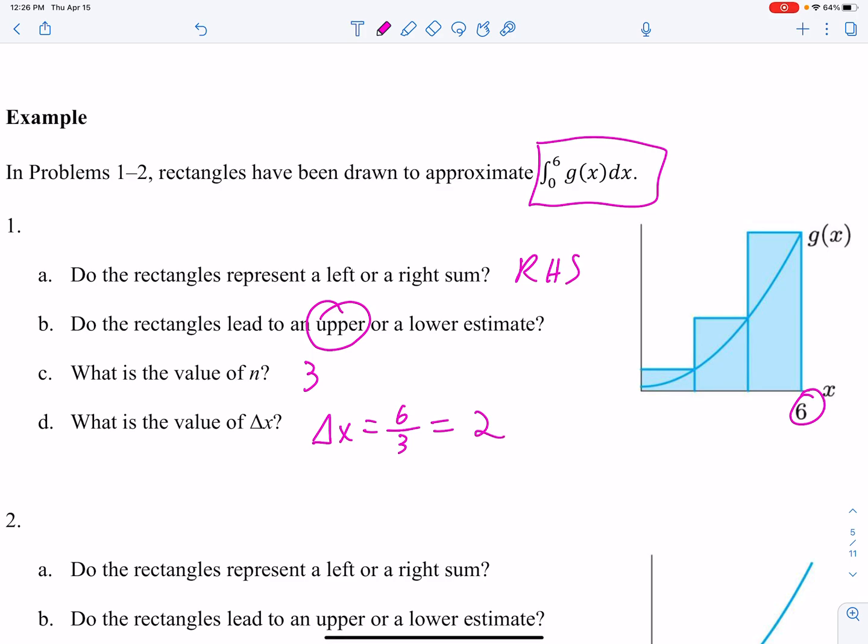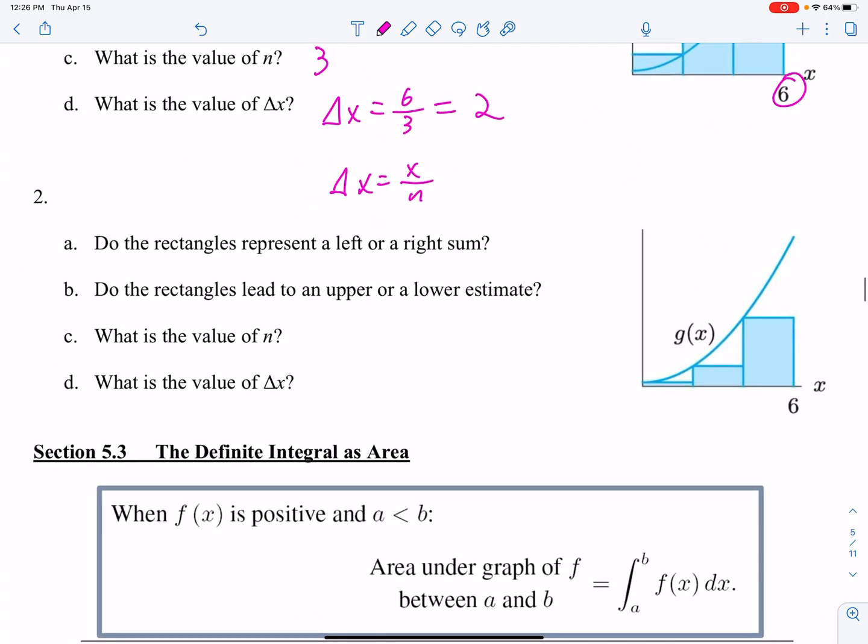So the delta x formula is basically the highest x value divided by n.